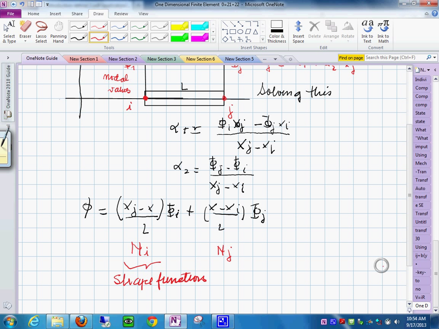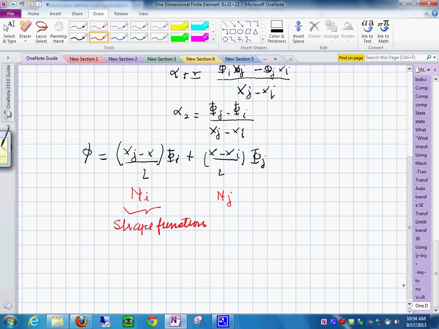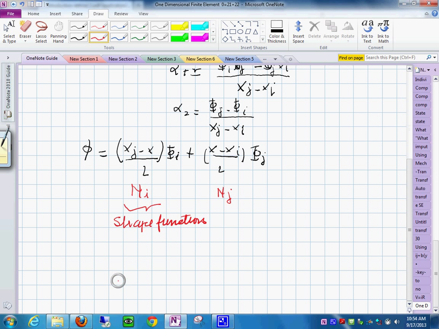So if we look at these shape functions here, you will see that the function phi becomes n sub I times phi sub I plus n sub j times phi sub j.